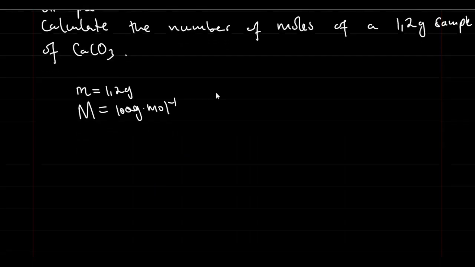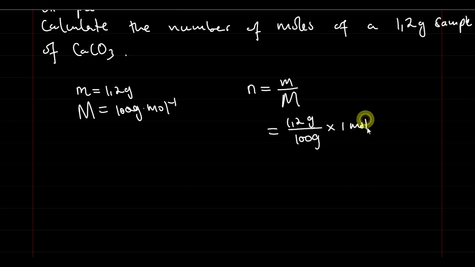Okay, so now what does the formula say? The formula says given mass over molar mass. So given mass is 1.2 grams, and molar mass is 100 grams per mole. It's similar to writing it times 1 mole, because here you can see the exponent is negative, so I can write it in this manner.